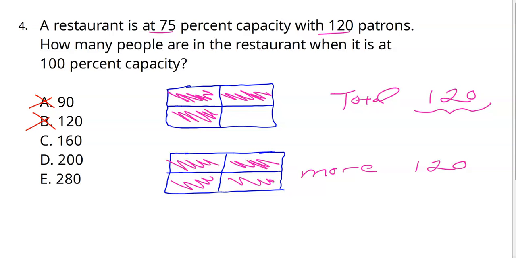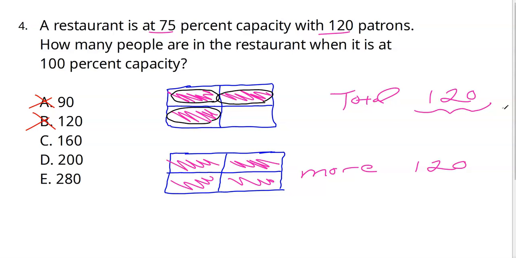So let's think about this. Intuitively, if it is 75% full, each one of these little pieces has to add up to 120, doesn't it? Because there's a total of 120 when it's 75% full.